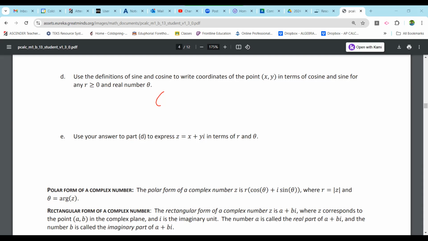If I don't know what R is, what was I doing with R each time? Multiplying it to my, there it is. So my generic equation would just be R cosine theta, comma, R sine theta. So if I was given theta and I was given the r, I could tell you exactly what coordinate I'm at now. Right? That's where we're kind of heading towards.